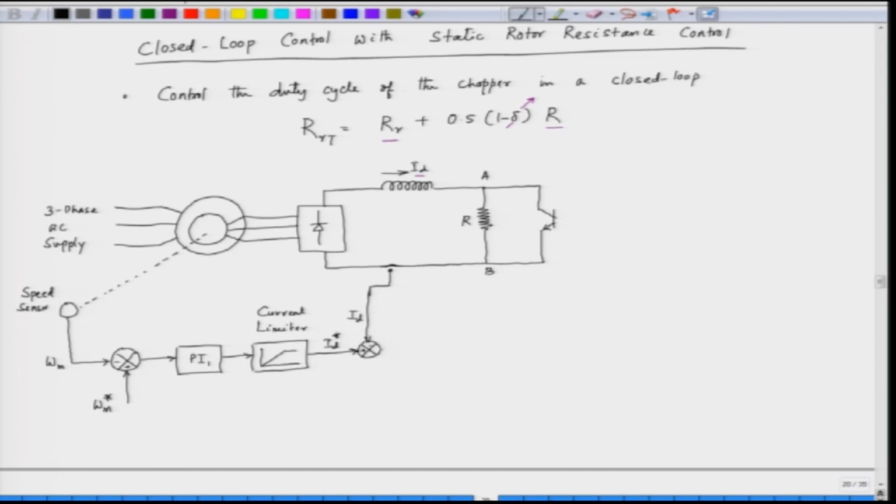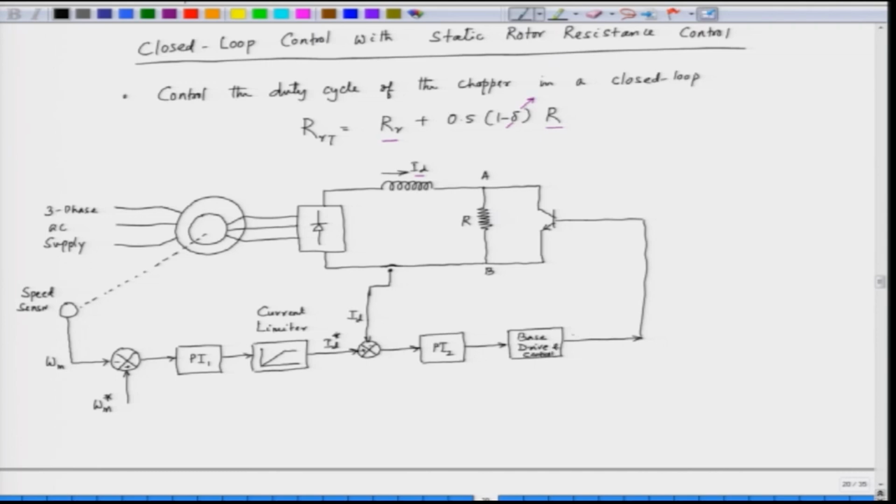Now, this is fed to a PI controller, the second PI controller, PI 2, and then we have the base drive, and this base drive is fed to the base of the transistor. So, what we are trying to do here is base drive and control.